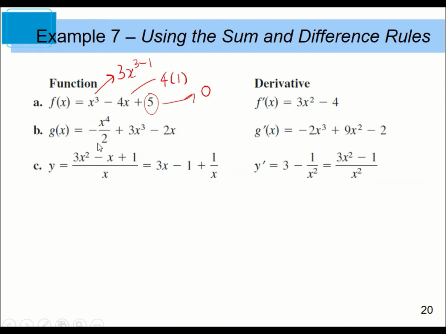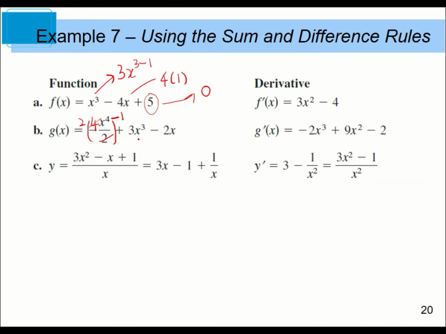Okay, so this is the sum and difference rule. For question G, it's a similar situation. First we differentiate the first term: bring down 4, with 4 minus 1 as the new power, and we simplify the 4 and the 2, so we have negative 2x to the power of 3.